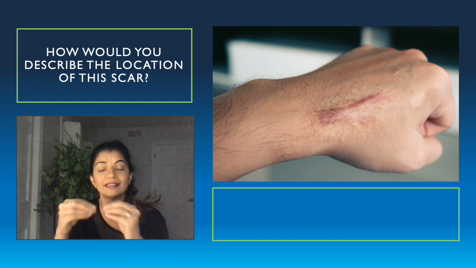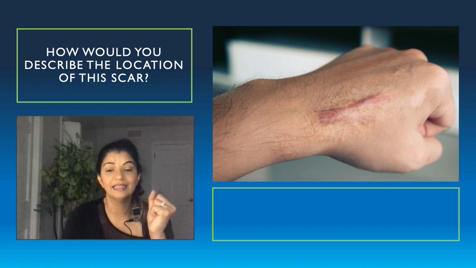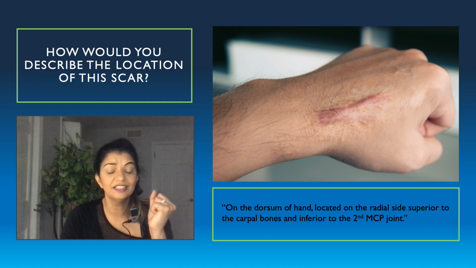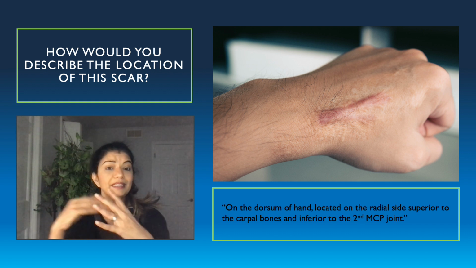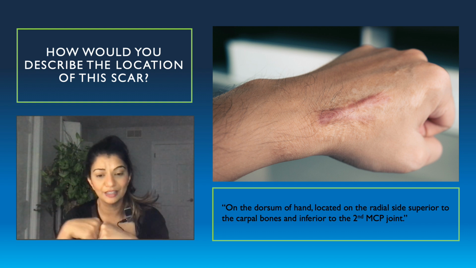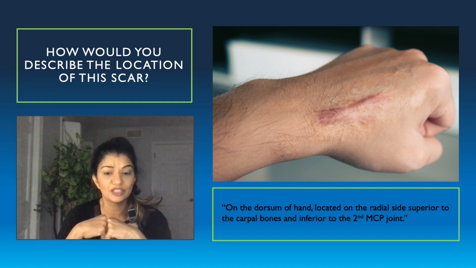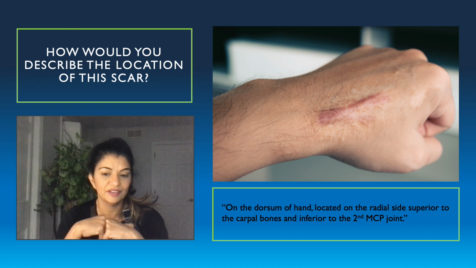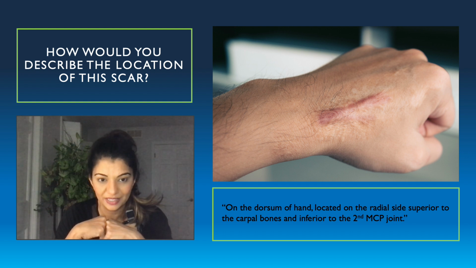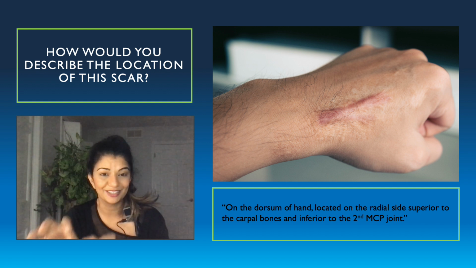So in that scenario, typically a doctor would be a lot more precise, and would probably use terminology like this: please fabricate a splint for patient X, and avoid the incision or scar that is located on the dorsum of the hand, on the radial side, superior to the carpal bone and inferior to the second MCP joint, which is exactly the location of the scar, using medical terminology.